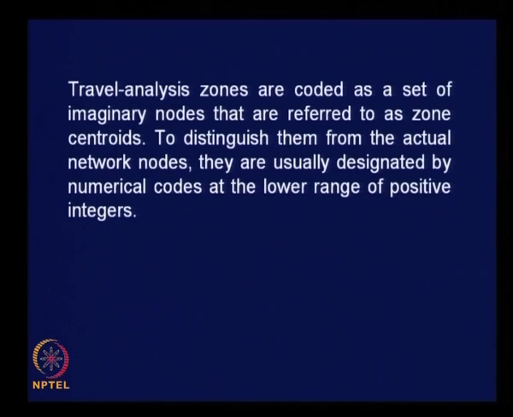To distinguish them from the actual network nodes, they are usually designated by numerical codes at the lower range of positive integers, or in other words, you choose a range of numbers at a lower level to give numbers for zone centroids. They are also nodes, so that by looking at the number you can understand that this node is not a road intersection, it is a zone centroid. So fix the ranges for different categories, right.